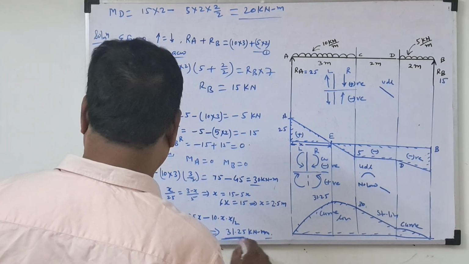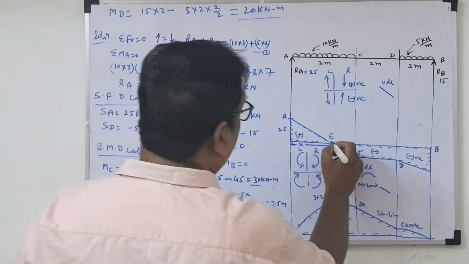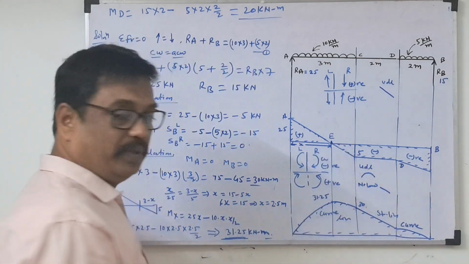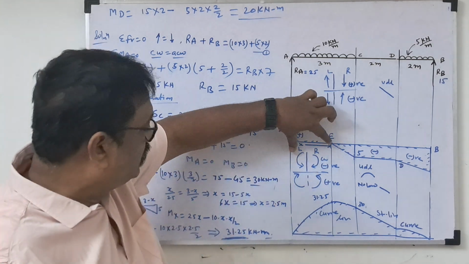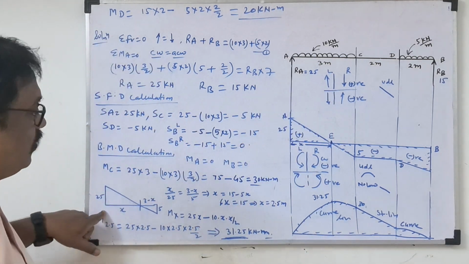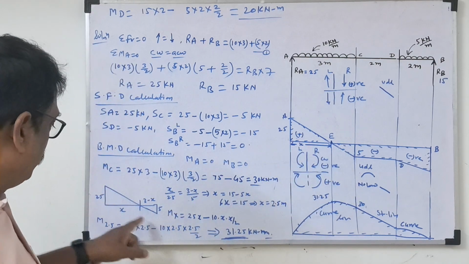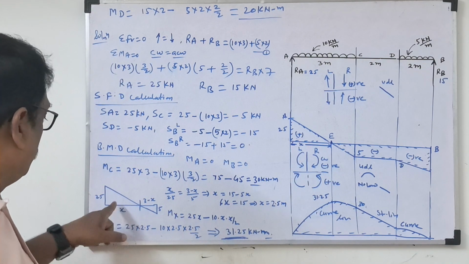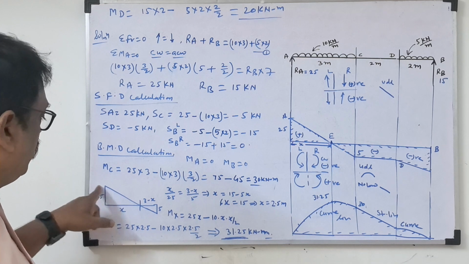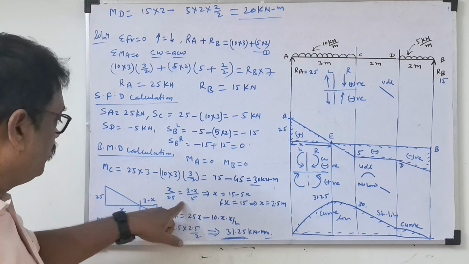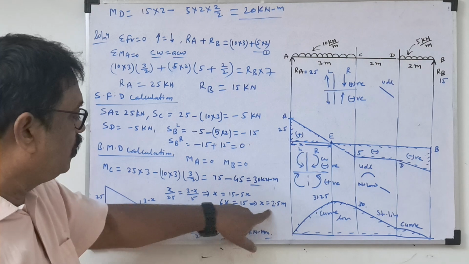And if they ask for the maximum bending moment, wherever the shear force will be 0, we'll find the distance by this method. See this triangle, 25 and 5. This is distance x we assume. So x by 25 equal to 3 minus x by 5. This way we can calculate x equal to 2.5.